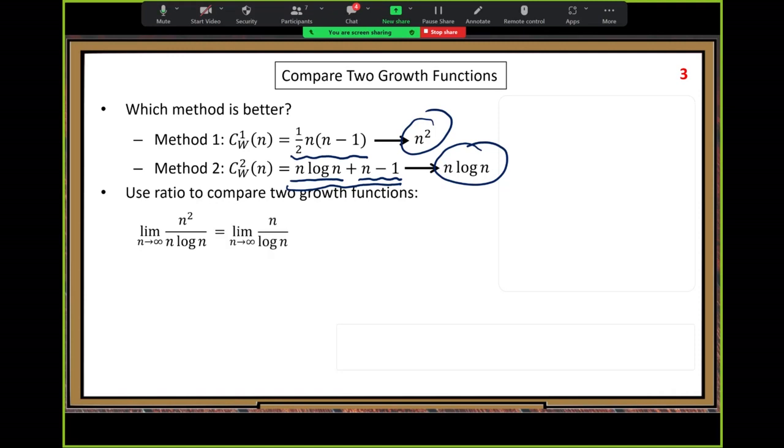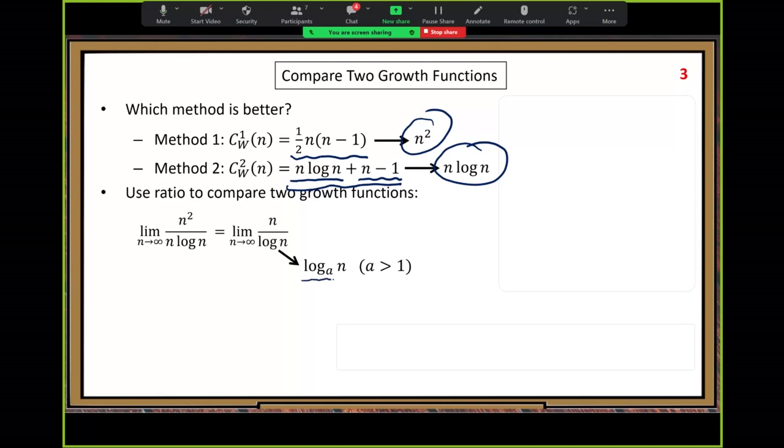After the cancellation, we want to calculate the simplified limit n over log of n. This log, some of you may ask me, what is the base, right? Because I didn't write the base here.